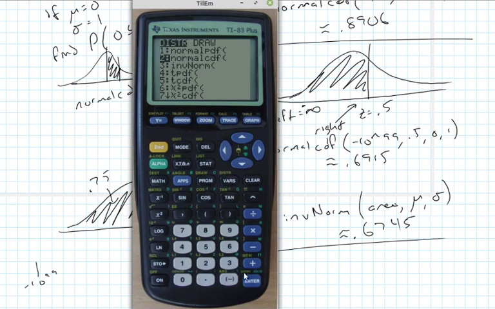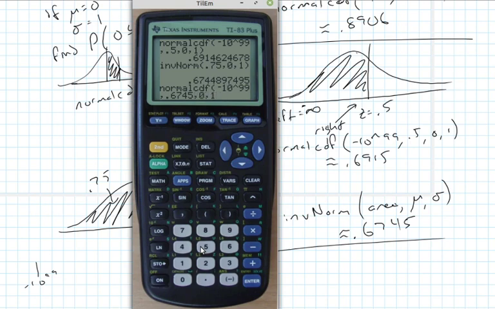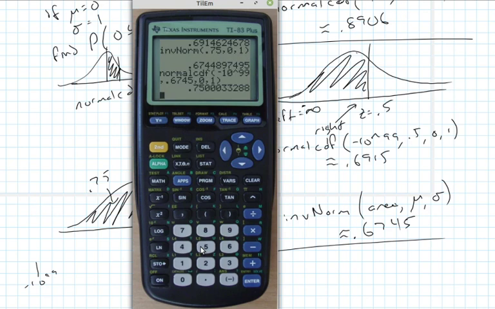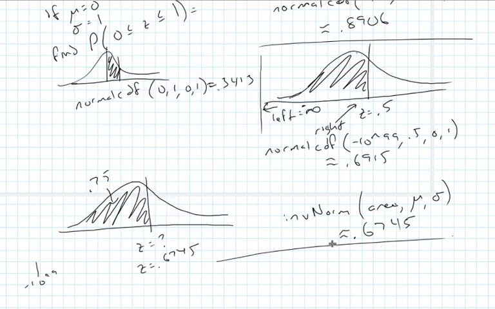Distributions, we get normal CDF. I'm going to say from negative 10 to the 99th up to 0.6745 with a mean of 0 and a standard deviation of 1, and we get really, really close to 0.75. So you can see they do go opposite directions from each other. The inverse norm and the normal CDF are inverse operations in a sense.